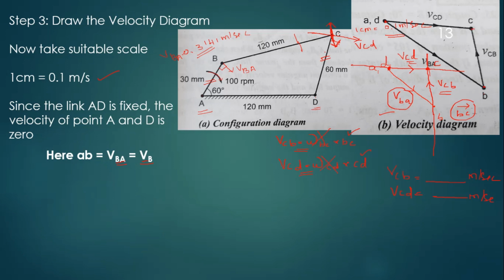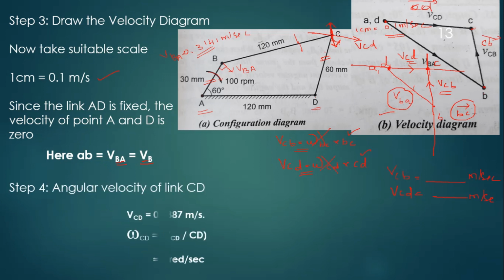So, measure this vector CD and the vector CB, right, and convert to meter per second. See, the angular velocity of link CD is 0.2387. This is after multiplying by the scale, right.